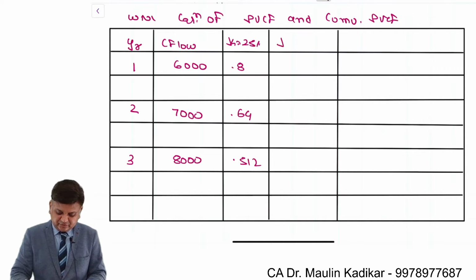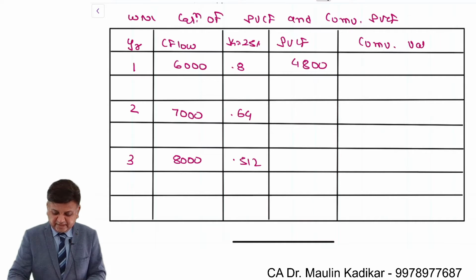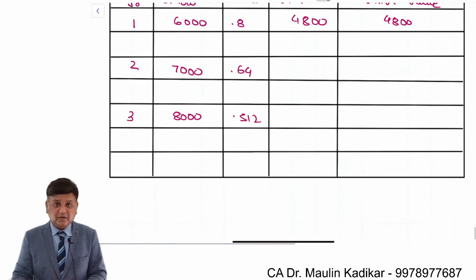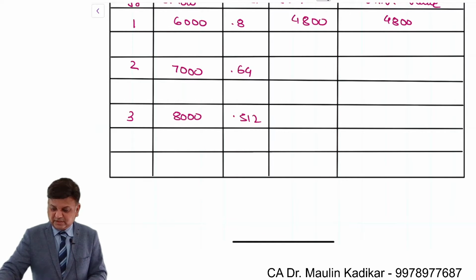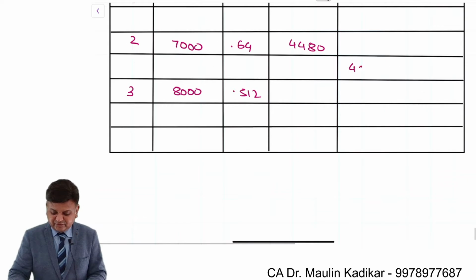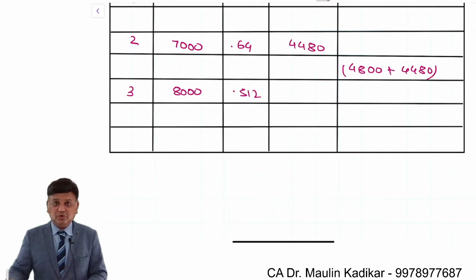So present value cash flow will be found like this. For end of year 1 it is 4800 and cumulative value is 4800. For the second year it is 7000 into 0.64, that is 4480. So cumulative value is 4800 plus 4480, that comes to 9280.